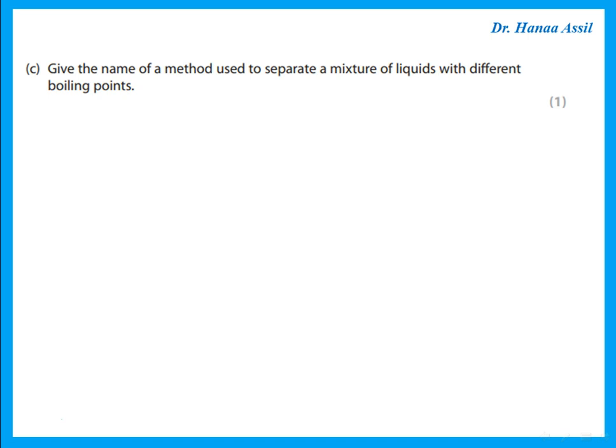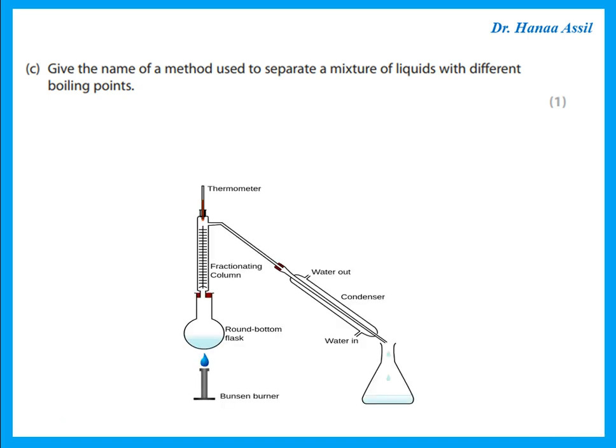Give the name of a method used to separate a mixture of liquids with different boiling points. How do we separate a mixture of liquids that have different boiling points? You should know. This method is called fractional distillation, in which you have the liquid being heated and then it goes up through the fractionating column, and then the one with lower boiling point will be collected first in that receiver.